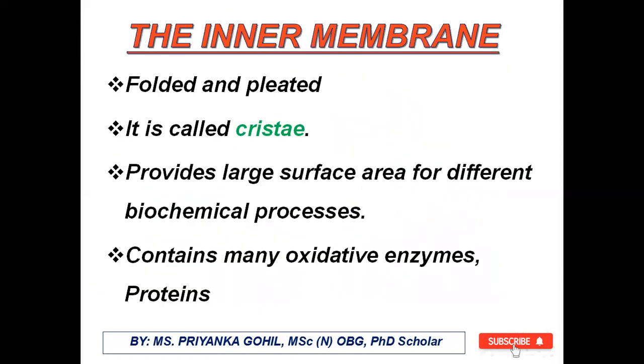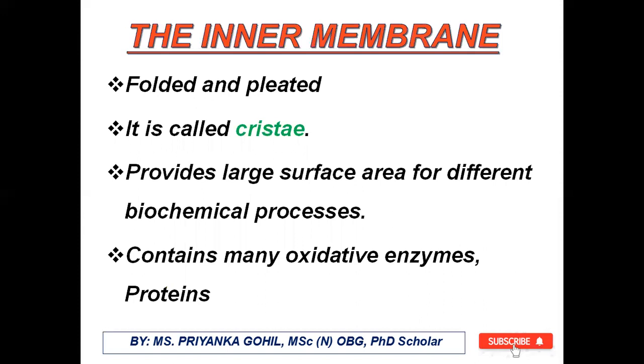So if we talk about the inner membrane of the mitochondria, it is folded and pleated. It provides a large surface area for different biochemical processes as it contains many oxidative enzymes. Within these membranes, there are proteins which are involved in the electron transport chain, ATP synthesis, and transport of the proteins.